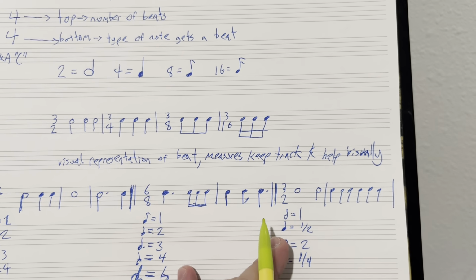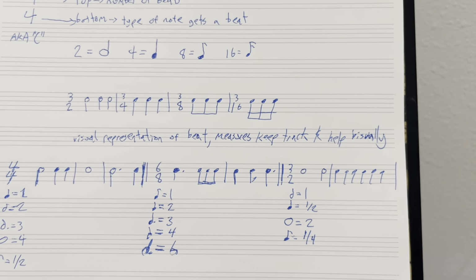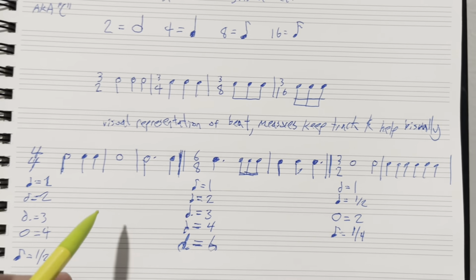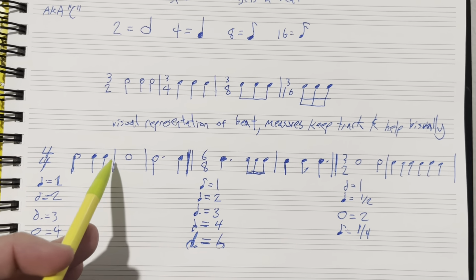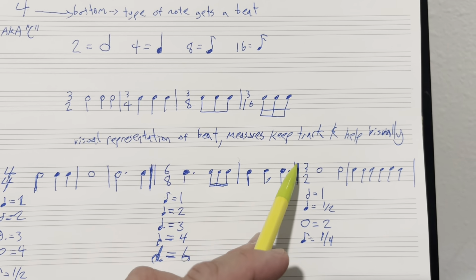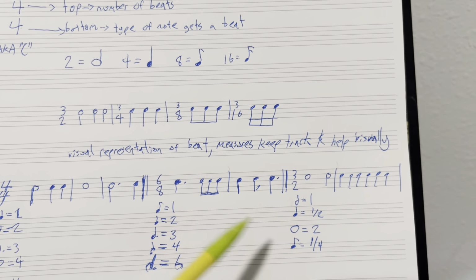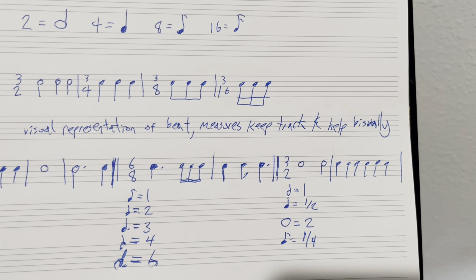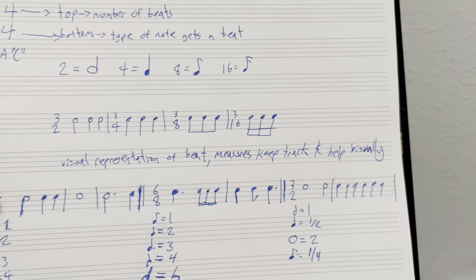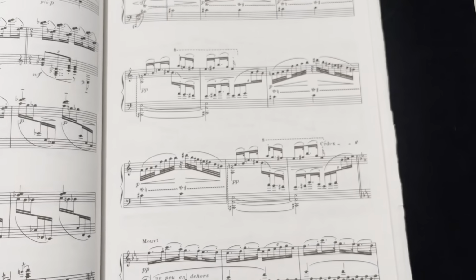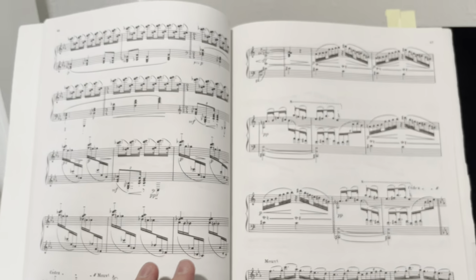Now, one thing with measures, they also help visually. The eyes love to find patterns, and it's really nice in music when you can see these separation points. Otherwise, it's just this huge mess, and honestly, it's hard to make sense of it. I'll talk more specifically about the art of notation, because there's so many rules to it for things to present it well.